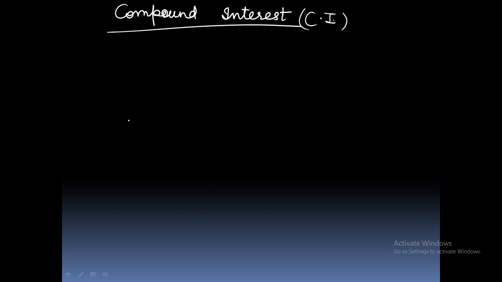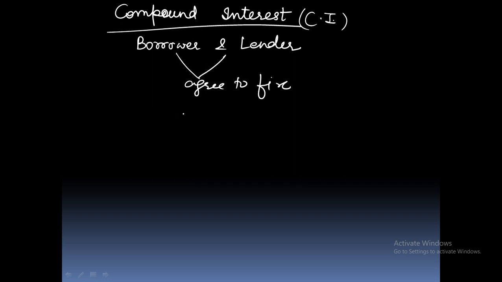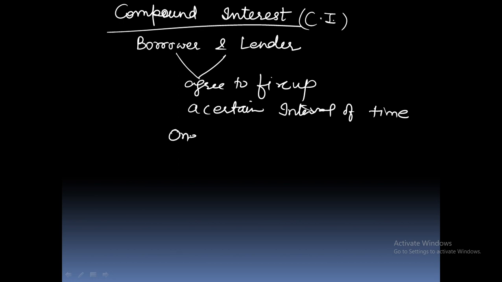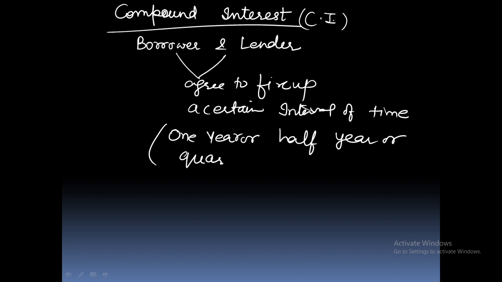If the borrower and lender agree to fix up a certain interval of time, that will be 1 year, half year or quarter of a year.